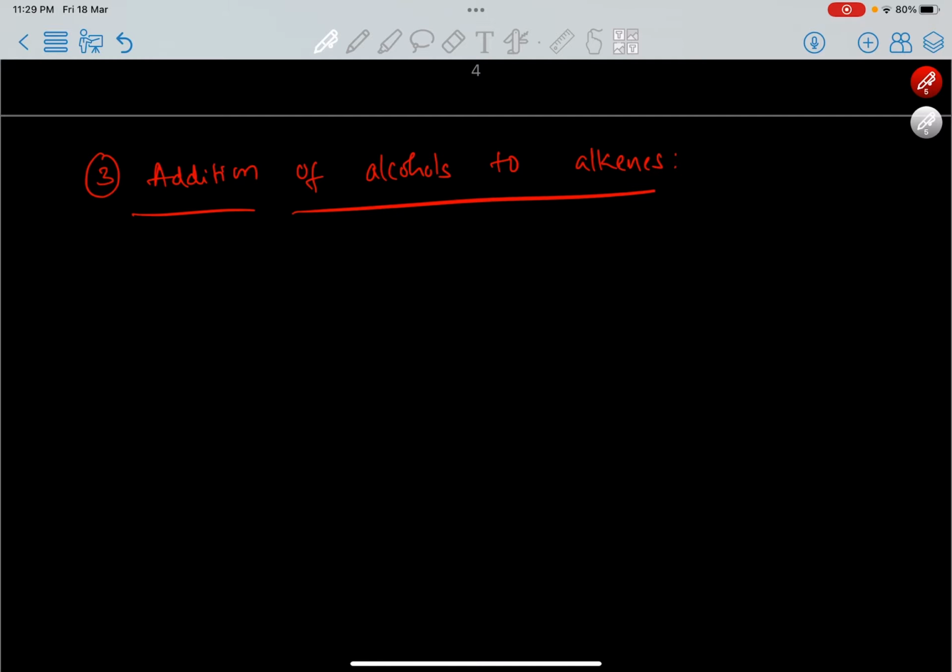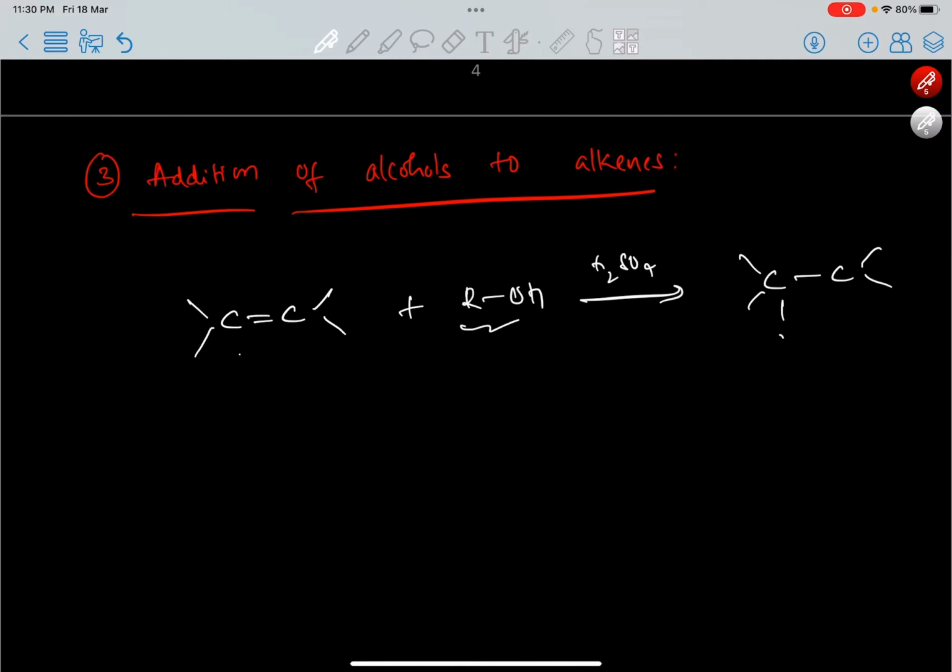If I take an alkene and add alcohol in the presence of H2SO4, then OR will add to one side of the carbon and H will add to the other side. I am writing OR on only one carbon, but it can be written on any carbon, because these are symmetrical alkenes.